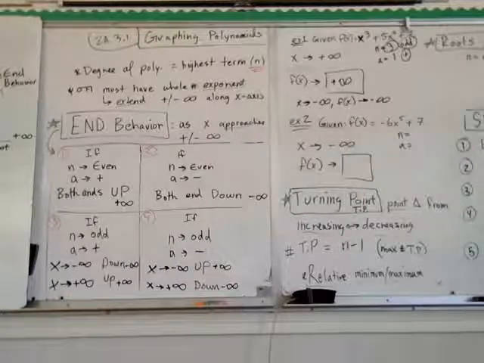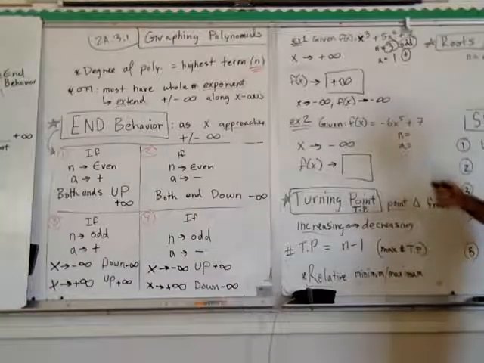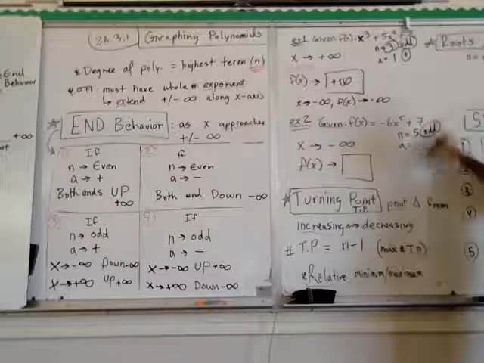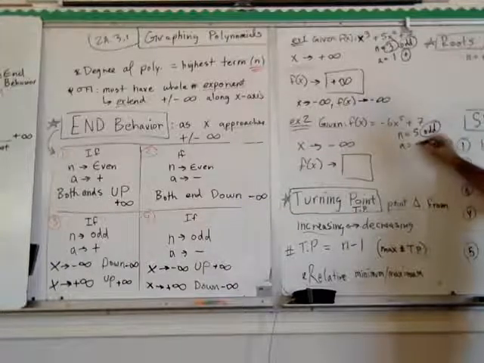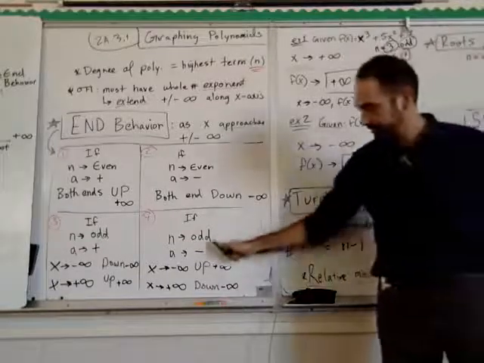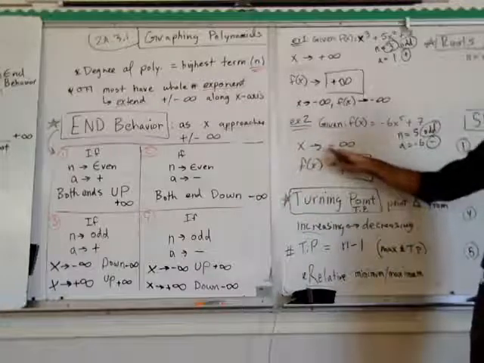Okay. What's our n value for this? What degree polynomial? 5. So we know it's odd. How about our a value? -6. We're negative, odd, negative. From there we can figure out what's happening when x goes to negative infinity.